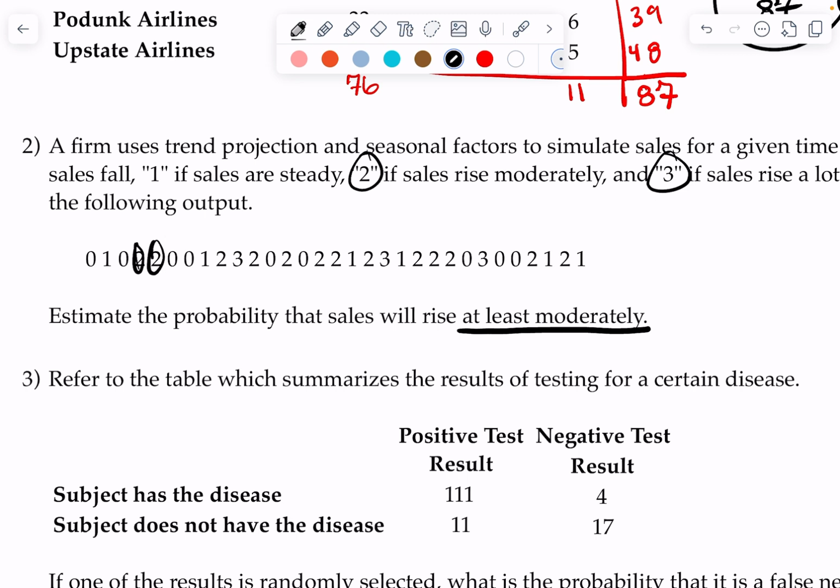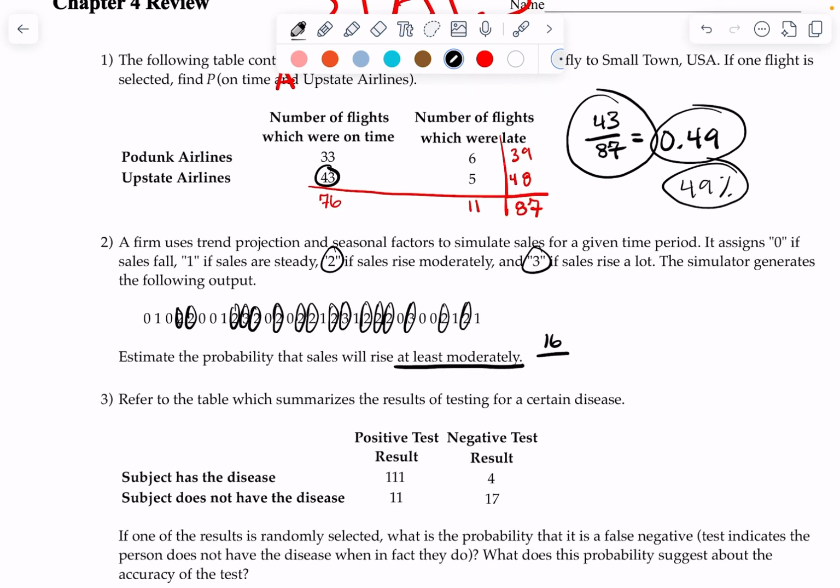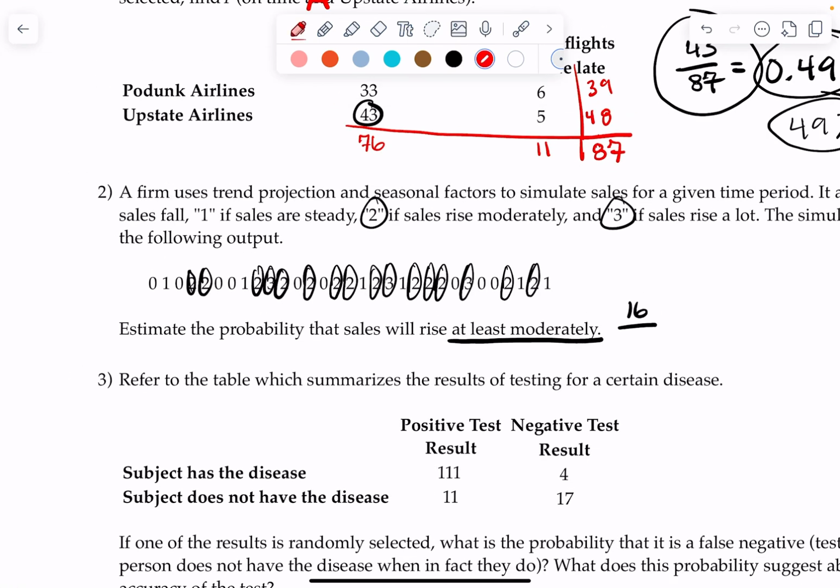So this one, that's 1, 2, 3, 4, 5, 6, 7, 8, 9, 10, 11, 12, 13, 14, 15, 16 out of, does it say how many there were total? Ugh, I gotta count them. 1, 2, 3, 4, 5, 6, 7, 8, 9, 10, 11, 12, 13, 14, 15, 16, 17, 18, 19, 20, 21, 22, 24, 25, 26, 27, 28, 29, 30, 31?